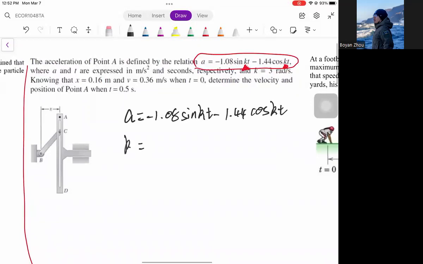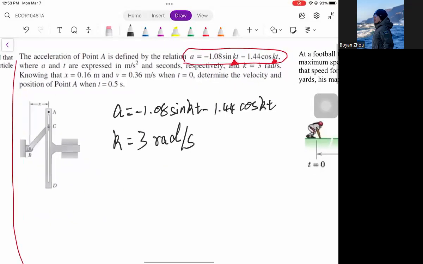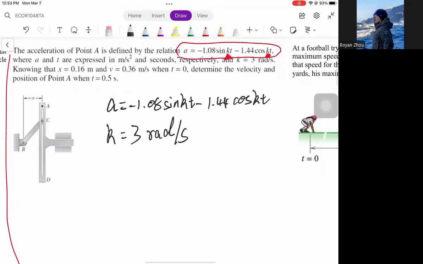And we also know that k is given as 3 radians per second, and it's over here. We also know that when the displacement x is equal to 0.16 meter, the velocity is equal to 0.36 meter per second.